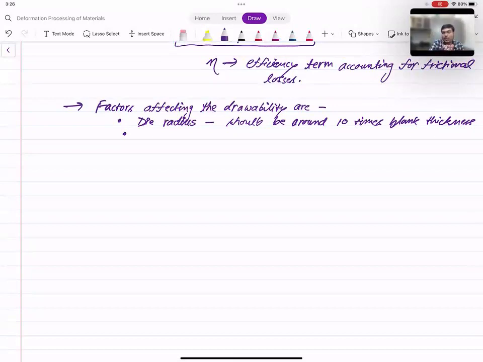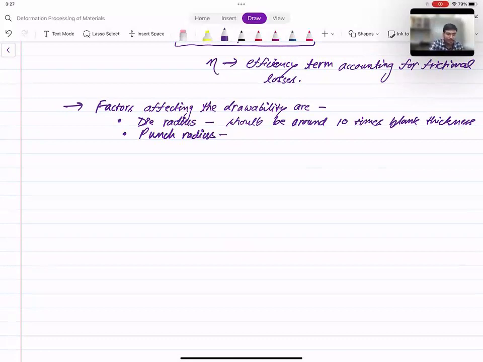Next one is the punch radius, which means basically the radius of curvature of the contacting portion of the punch, which meets with the blank. If that particular section is very sharp, it may lead to local thinning, etc. So the punch radius should not be very low, because it will create a sharp edge and that will lead to thinning.